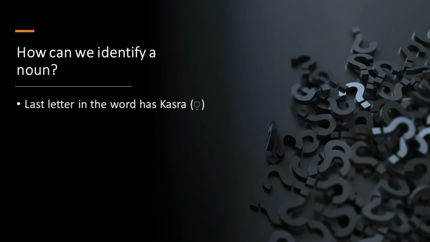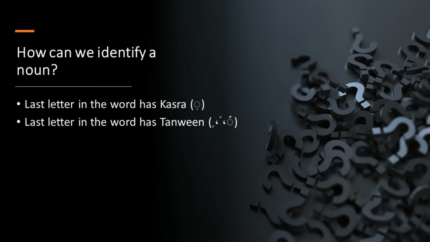The first sign that the word you are looking at is a noun is that it has the indication of kasra at the end of the word. The second sign is that it has what we call tanween, whether that is tanween kasr from down of the letter, tanween fath up, or tanween dam.